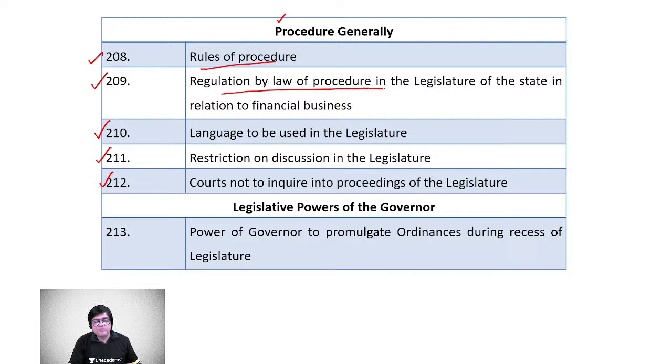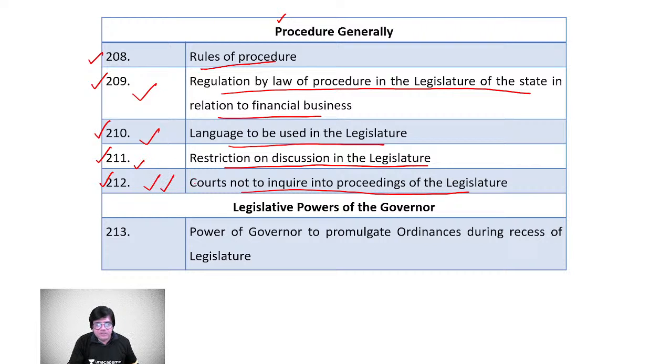Regulation by law of procedure in the legislature of the state in relation to financial business is in 209. Language to be used in the legislature is 210, and restriction on discussion in the legislature insofar as the conduct of judges is concerned is 211. And courts not to inquire into the proceedings of the legislature is given in 212.